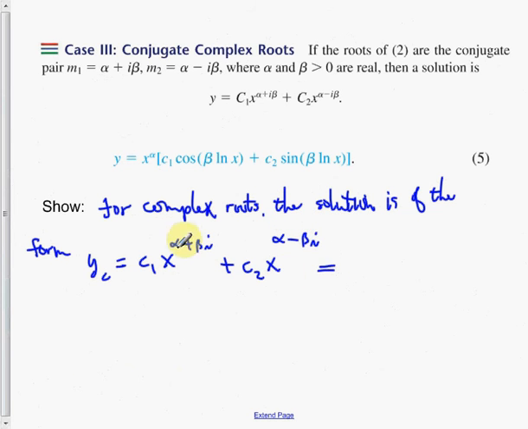And what I'm going to do is go ahead and factor out what's common. What's common is x to the alpha. So x to the alpha comes out. What I have left is c sub 1 times x to the beta i plus c sub 2 times x to the negative beta i.